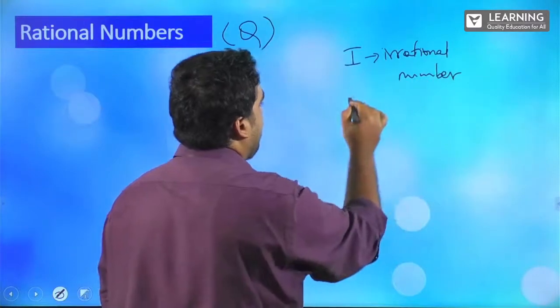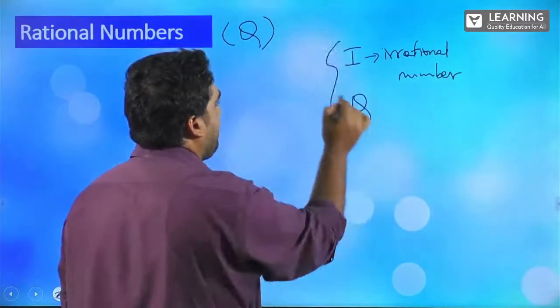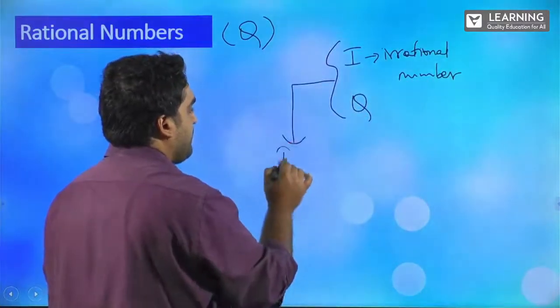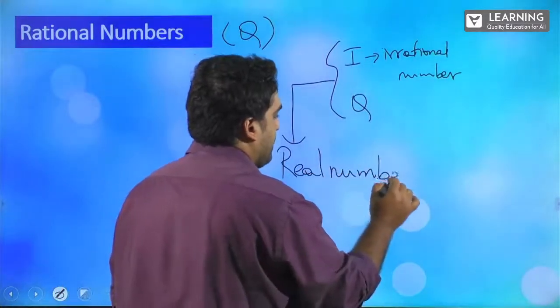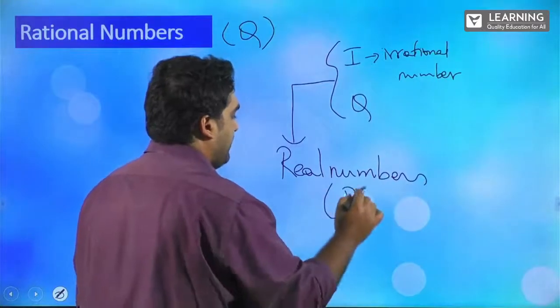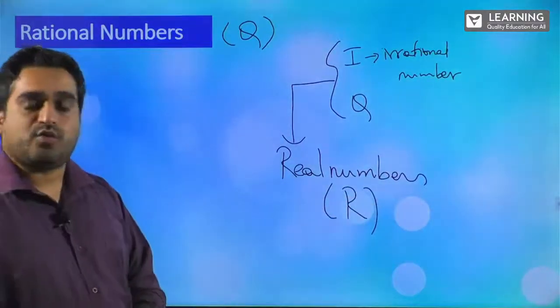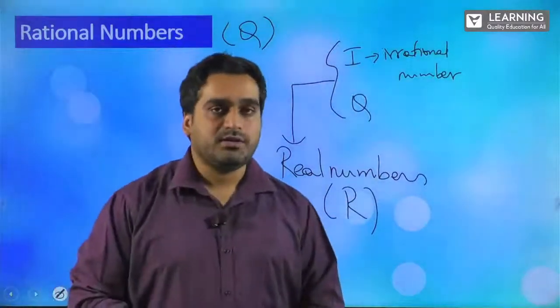So rational numbers and irrational numbers together make up real numbers, given by the capital letter R. So what are real numbers?